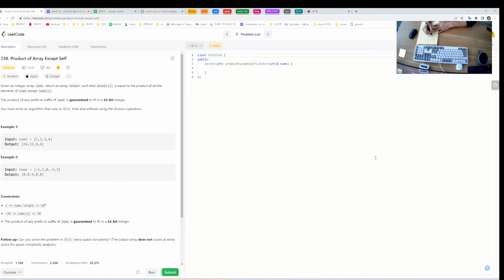So we can maintain an array like 1, multiplication 1, the multiplication is 2, 2, 6, and then 24. This is left, and we might not need this last one. And we can have another array, this is for the multiplication of the right until some i.